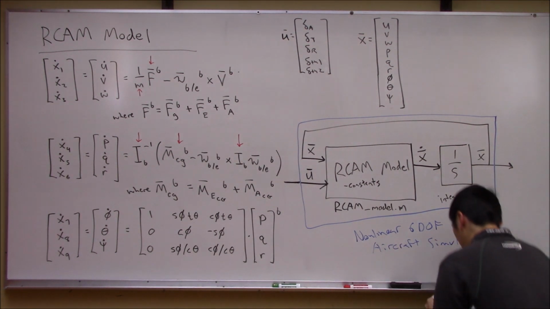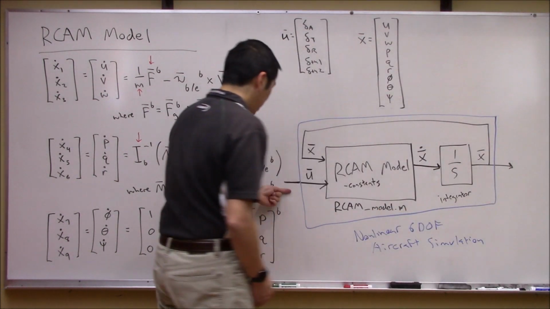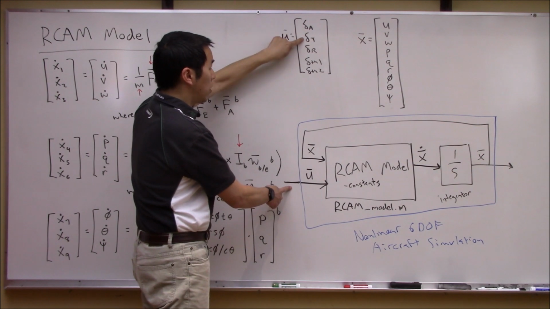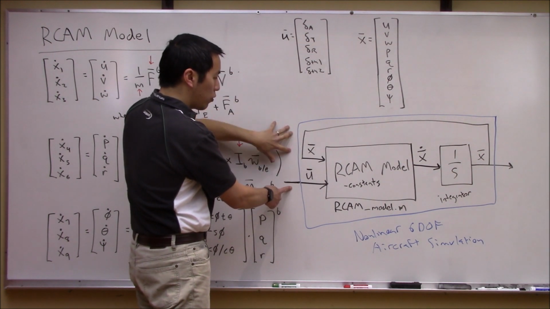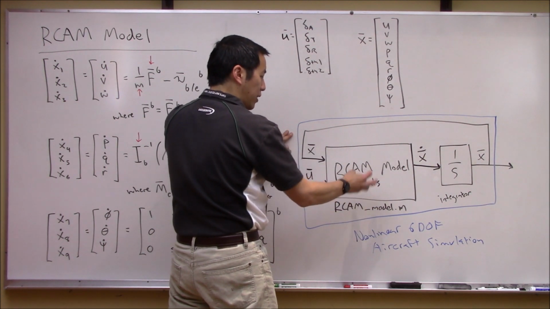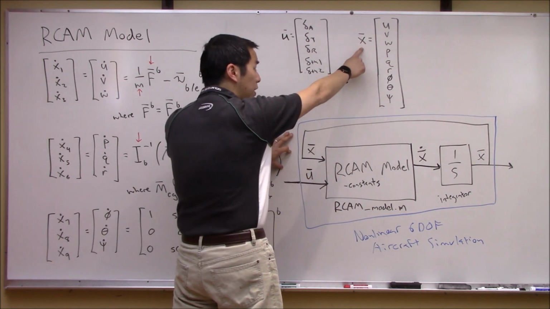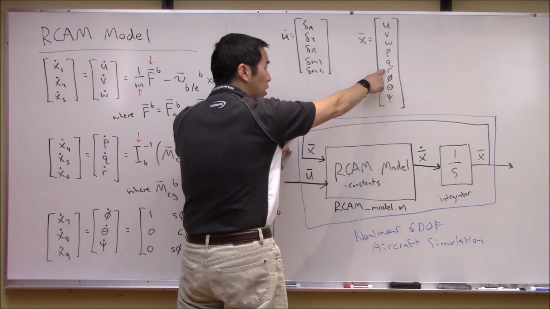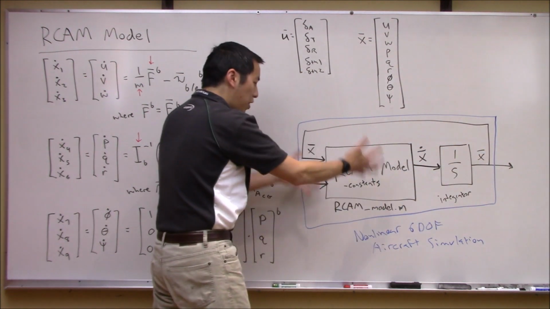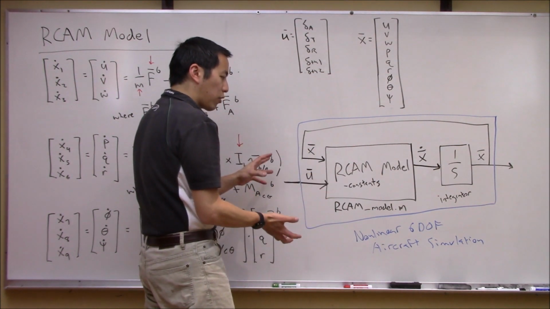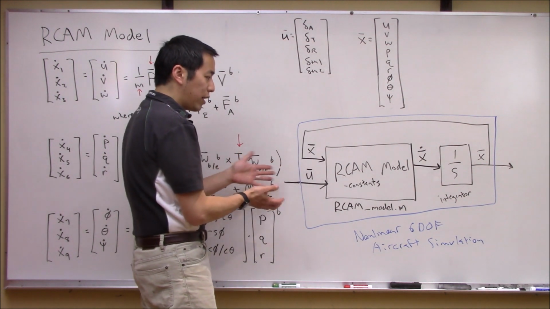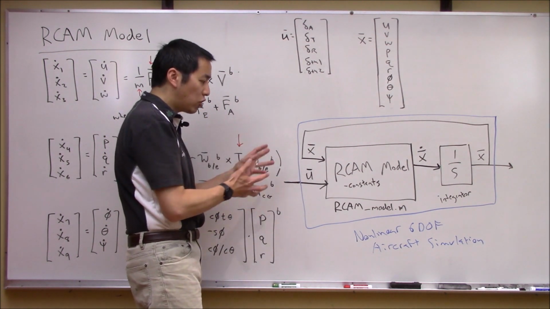Because what comes in on the left side is the pilot inputting whatever the aileron, the tail, the rudder, the throttles, whatever those are, and then all this integration is going to occur, and it's going to basically compute the state of the vehicle, how fast it's going, its angular velocities, and its Euler angles, and that will come out on the far side. So this right here is our model of our aircraft. This is our RCAM aircraft.